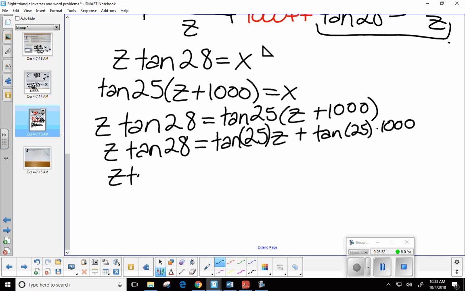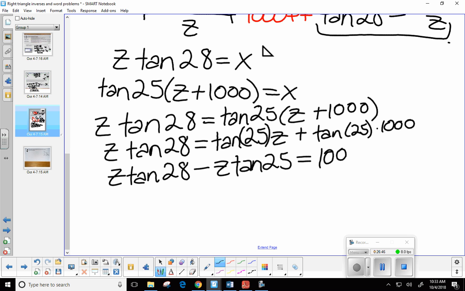So that has z times the tangent of 28 minus the z. I'm just going to move the z over so that it looks like this one. The tangent of 25 equals 1,000 tangent 25.